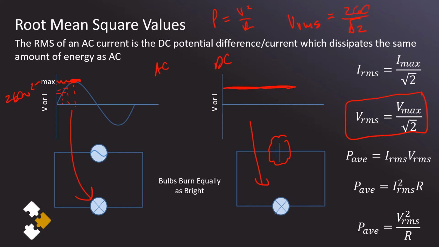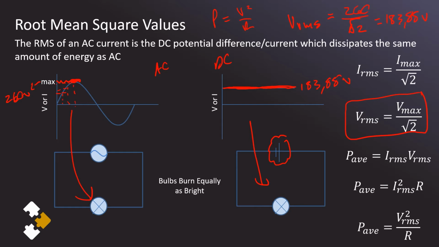So 260 over the square root of 2 gives us an answer of 183.85. Okay, cool. So what that means is our direct current that we need in order to use the same energy to get the light bulb to burn equally as brightly has to be at 183.85 volts.